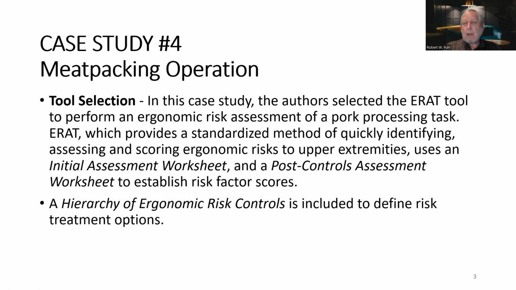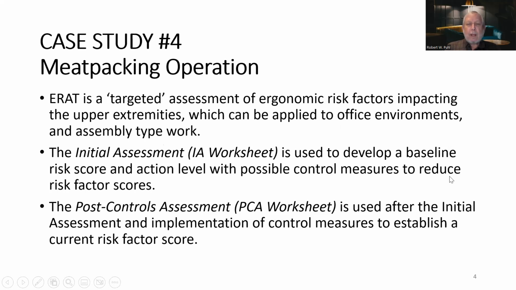It's frequently a lot of time with the neck also. So this is going to be for the arms and upper extremities. ERAT is a targeted assessment of ergonomic risk factors impacting the upper extremities, which can be applied to office environments and assembly type work too. Assembly type work, typically, you're using your arms and hands and back, not so much your legs.